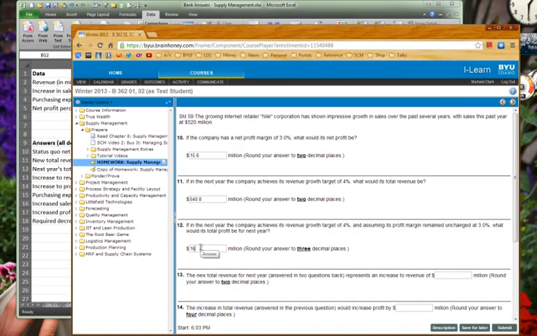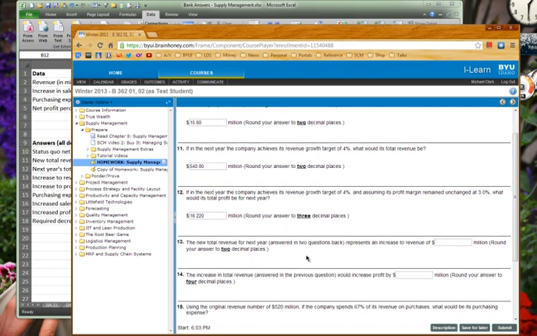Now it says here, round our answer to 3 decimal places. If the last decimal is 0, then we don't need to add it, but we'll add it just for good measure.